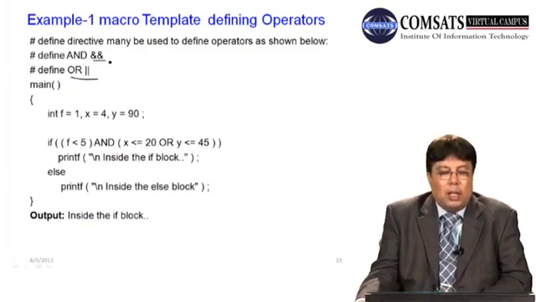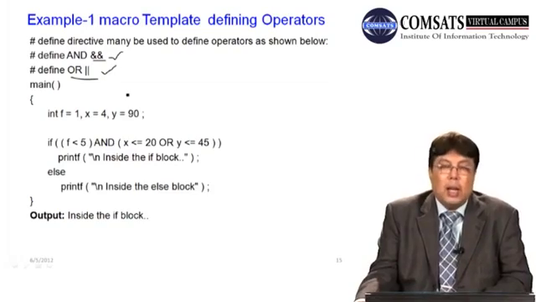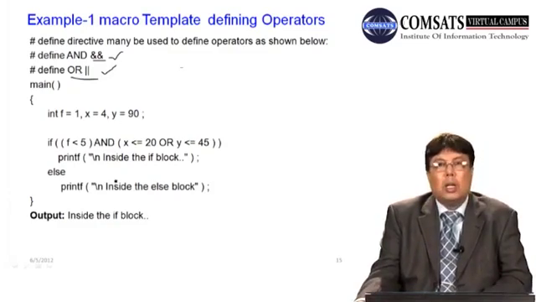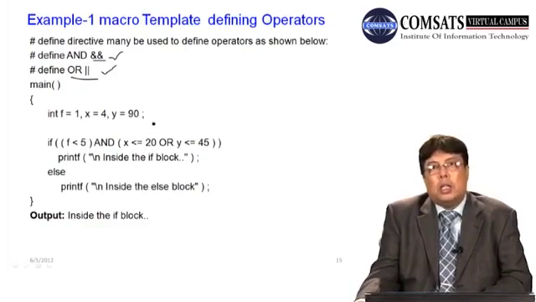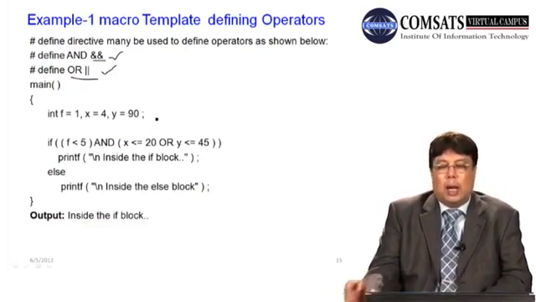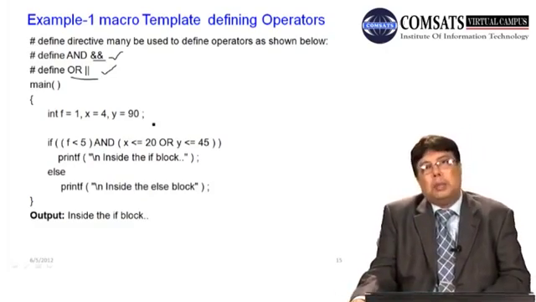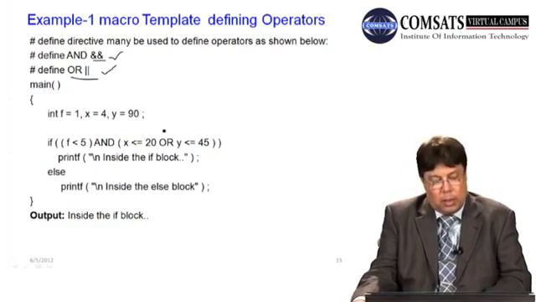So we have defined the conditional operators and or with the help of this macro templates, and we can use it. So खाली constants ही use नहीं कर सकते बल्कि हम वेरिएबल जो ऑपरेटर्स हैं उनको भी हम टेम्पलेट्स के तौर पर डिफाइन कर सकते हैं फॉर ओवर ओन कन्वीनियंस.